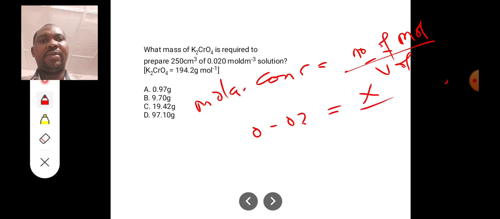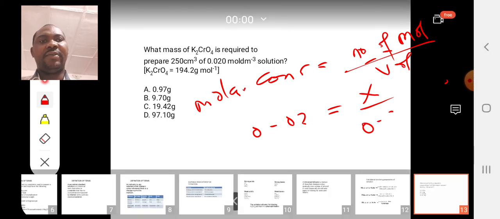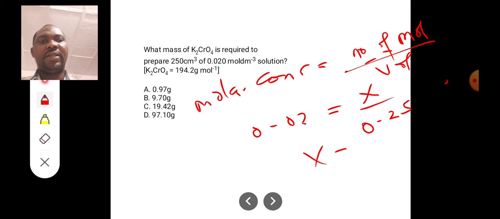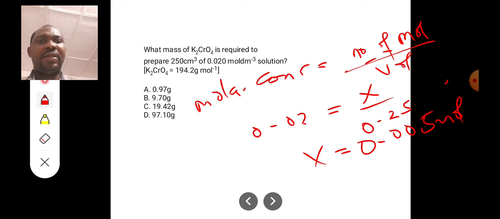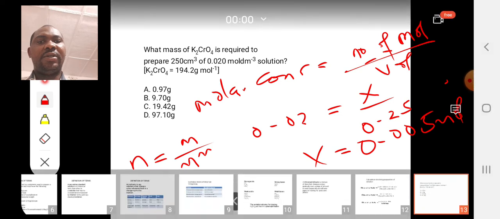Volume is 250 cm³, which when we convert to dm³ is 0.25. So x here will be 0.02 multiplied by 0.25, which gives us 0.005. So the number of moles is 0.005 moles. With that we can now find the mass, since the number of moles is also equal to mass over molar mass.